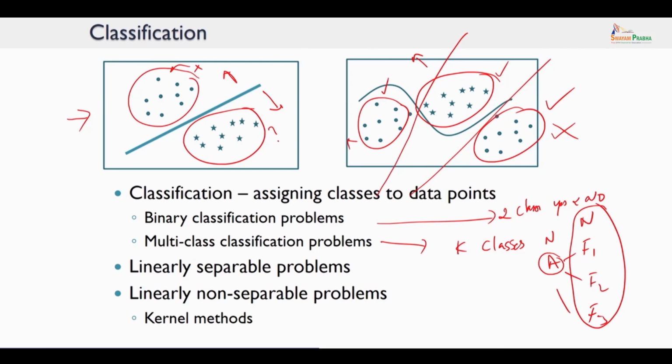So whatever you do, if you try to come up with something like this, then these are points that would be misclassified. There is no way in which I can simply generate a hyperplane that would classify this data into 2 regions. However, this does not mean this is not a solvable problem. It only means that this problem is not linearly separable, or what I have called here linearly non-separable problems.